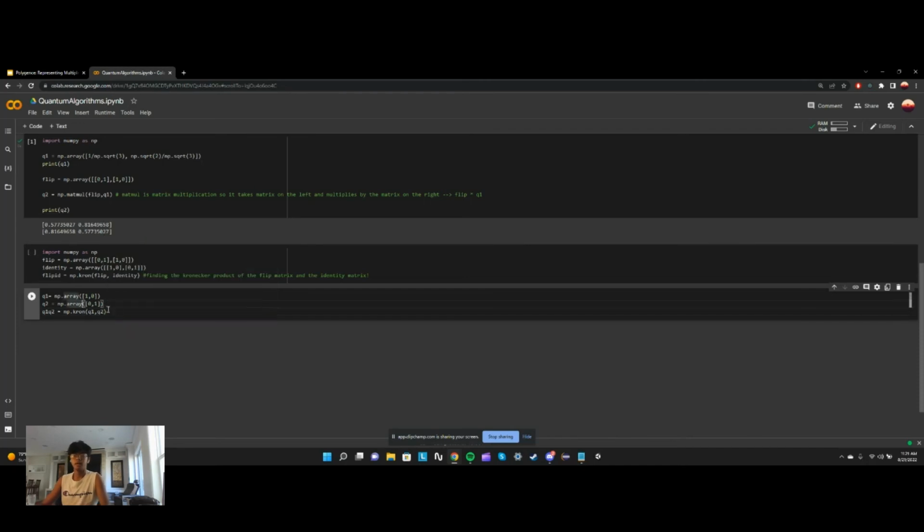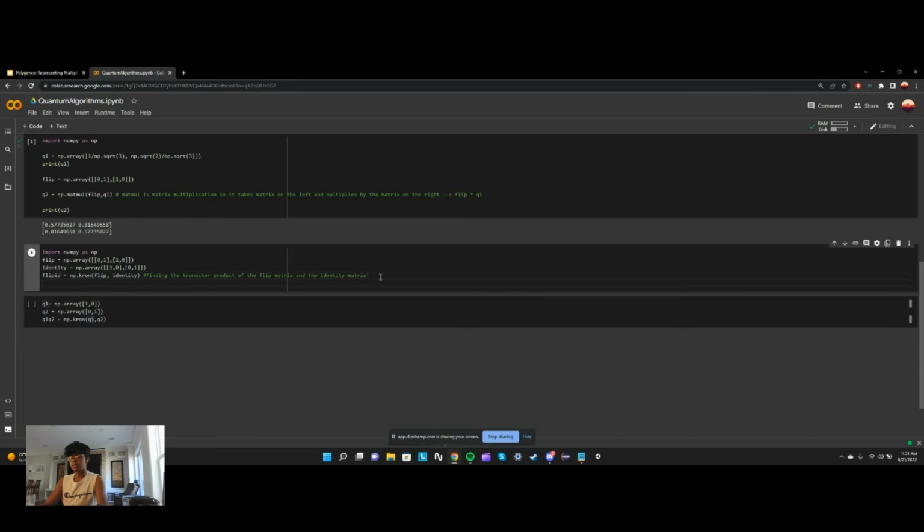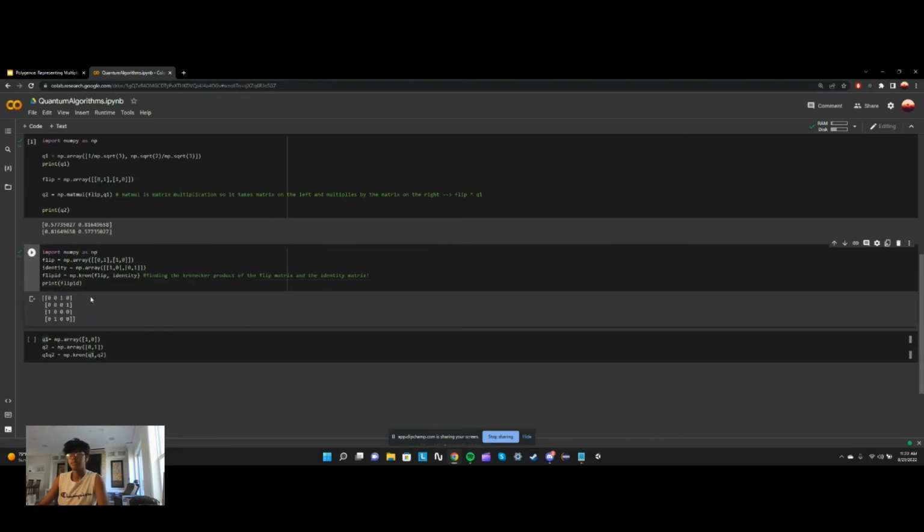One thing to do before we run this, why don't we quickly take a look at our flip ID, the Kronecker product for flip and our identity. We also want to make sure to print this one. So flip ID. We run this. Boom, we have 0, 0, 1, 0, 0, 1, 1, 0, 0, 1, 0, 0, right?